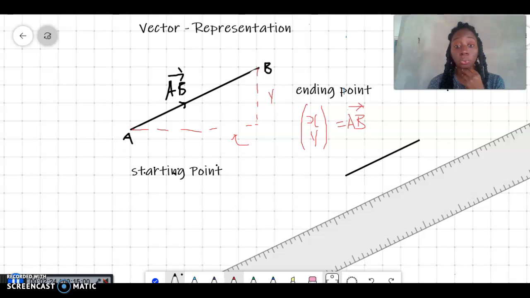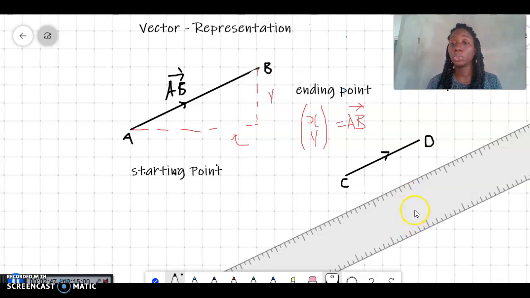So Roy would begin at C and Roy's school would be at D. So home would be C and school would be D. Because Roy is traveling from home to school, it means that my arrow would be pointing towards school to indicate that he's traveling indeed from home to school.